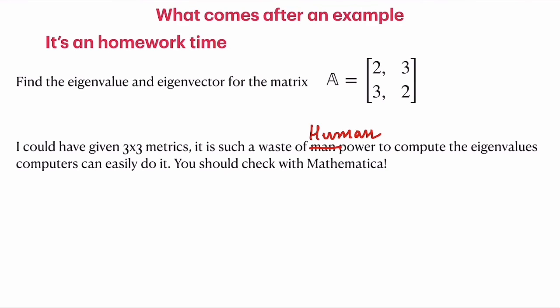You can simply go to a computer, give a large matrix, and solve the eigenvalue problem. Whenever you get time, you could check with Mathematica and see how it gives results. It usually gives normalized eigenvectors.